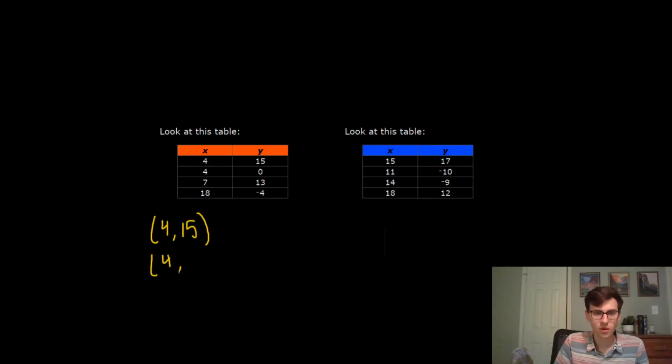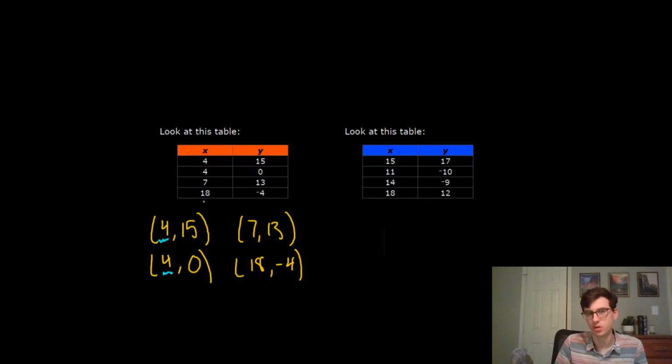I have 4, 0. I have 7, 13, and 18, -4. Again, look, I have the same x values with different y values. I have 4 mapped to 15 and 4 mapped to 0. That is no bueno, right? That is not a function. So this table is not a function.